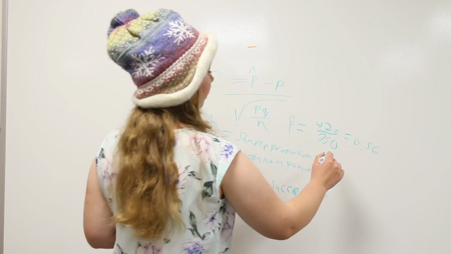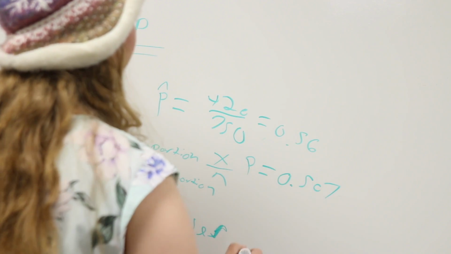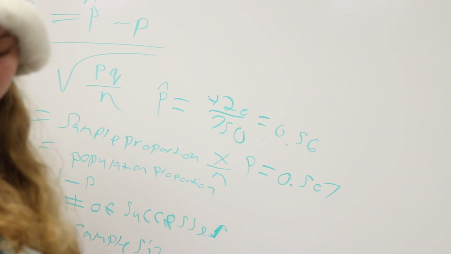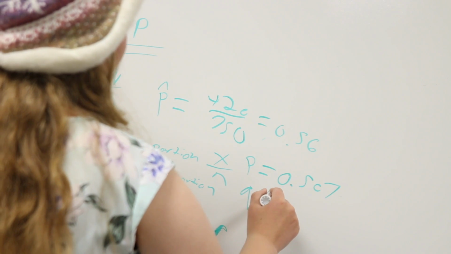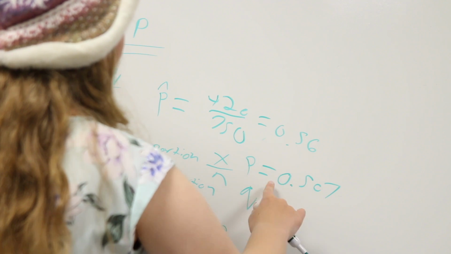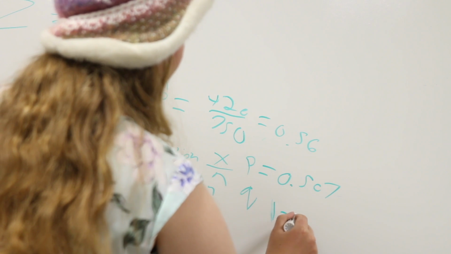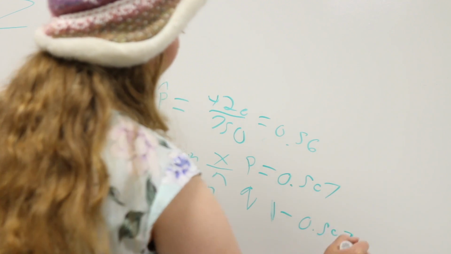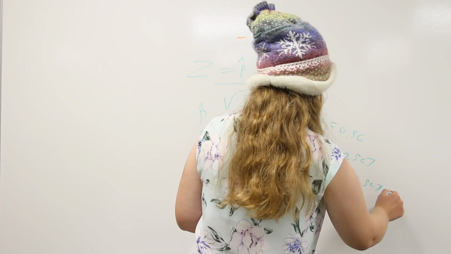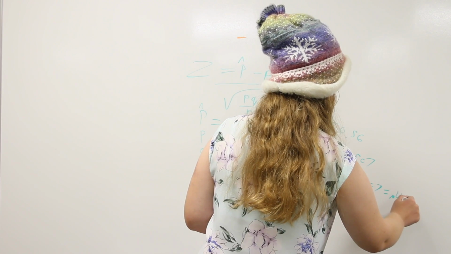As we know, our p equals 0.507. And our q is going to be 1 minus that. So we do 1 minus 0.507 to equal 0.493.